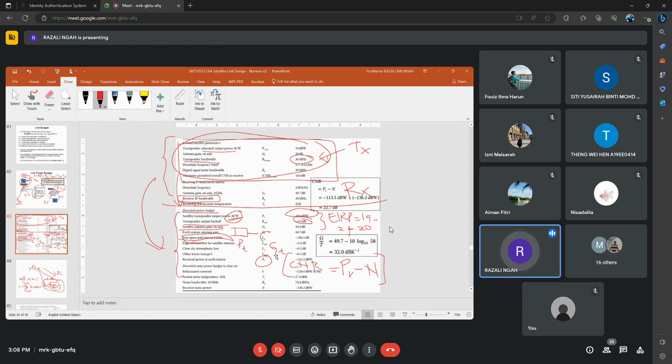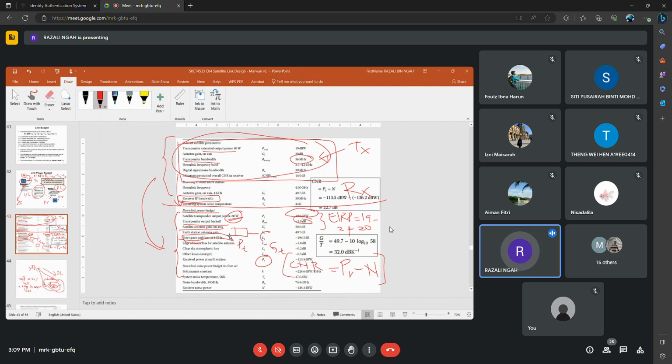Or sometimes there is no word loss, but we know that it refers to loss of energy. For example, as I mentioned just now, the sentence says that your earth station is located in the 2 dB contour.